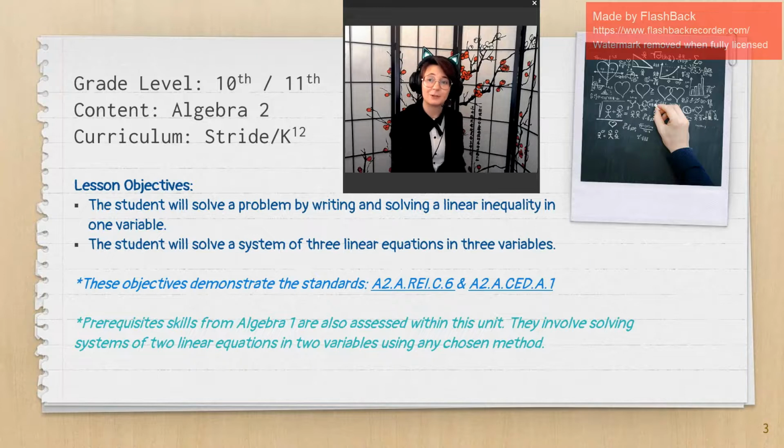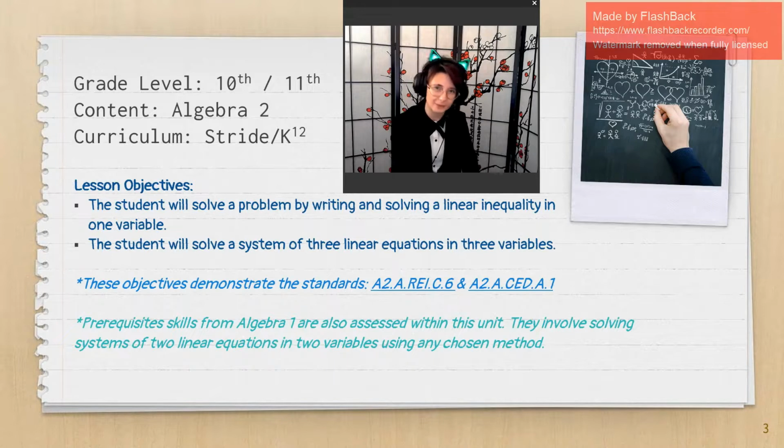And these objectives included the students solving problems that involved writing and then following up with solving linear inequalities in one variable. And they were also introduced to the world of systems of equations once again, but this time with 3 linear equations and 3 variables. Needless to say, they were a little overwhelmed. These objectives demonstrated the Algebra 2 standards, the AREI C6 standard, and the A2 ACD-A1 standard.